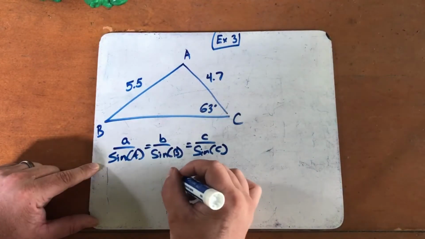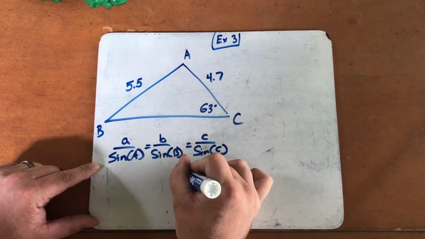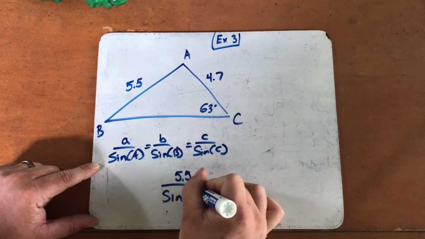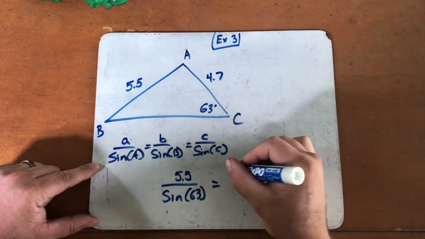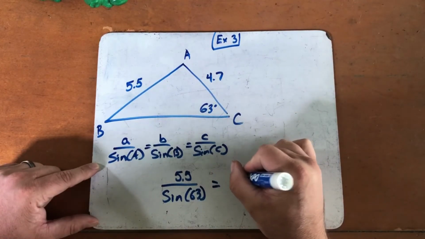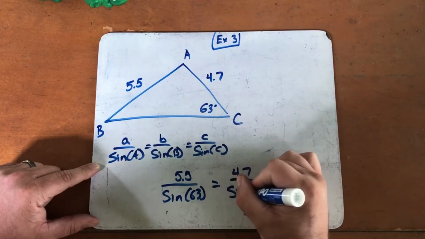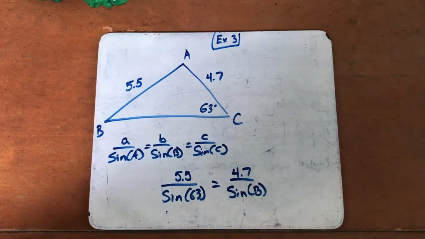So when I set this up, I have side c, which is 5.5, over the sine of 63, equals side b, which is 4.7, over the sine of angle B. All right, so notice this looks a little bit different.